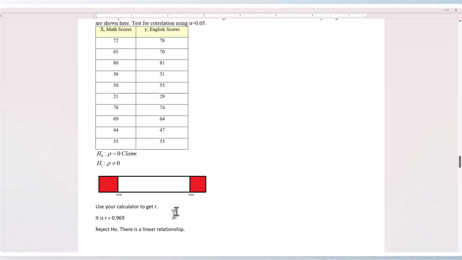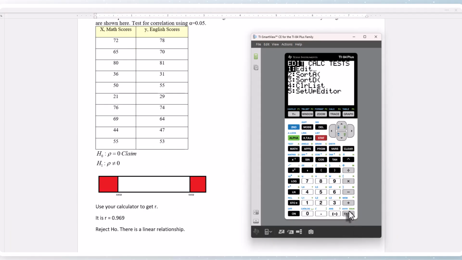Now we calculate R. We can use our calculator to do this. So we press Stat, Edit. We clear the old data. And we type in the new data. So I will type the X values into the first column and the Y values into the second column. Now we press Stat, we go to Calculate, select option 8.